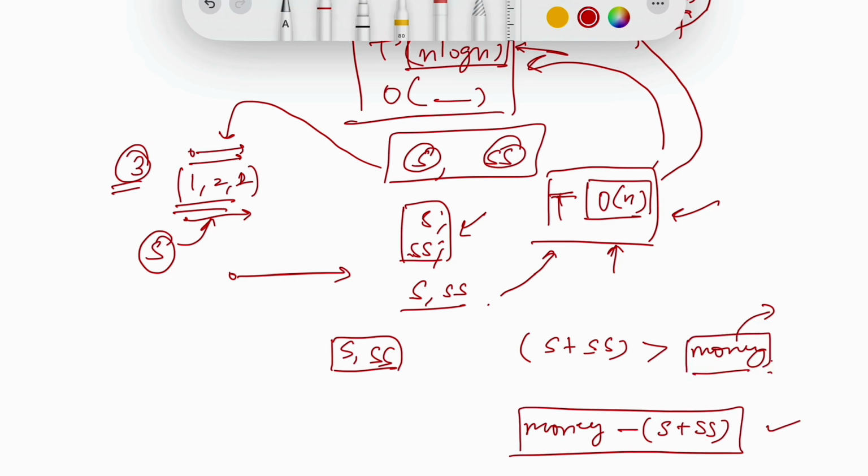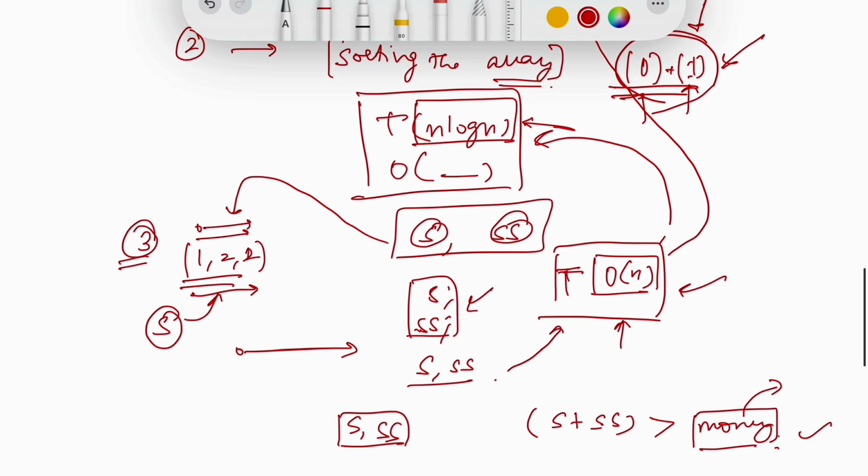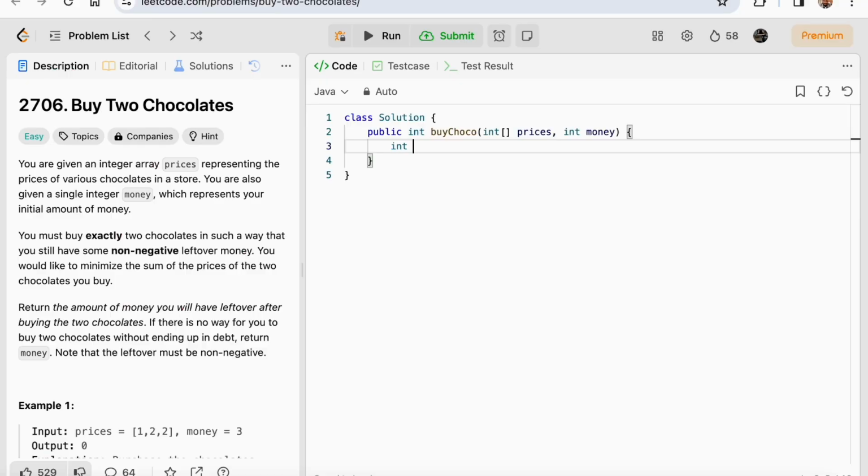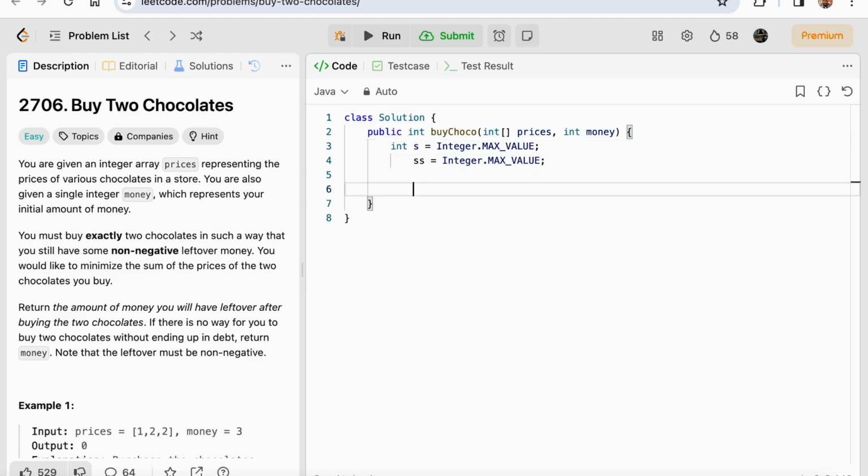Okay, let's now code this third approach in which we are doing a single pass over this array. First of all, we have to take two variables, smallest and second smallest, and initialize them with the maximum value, Integer dot MAX_VALUE, Integer dot MAX_VALUE.